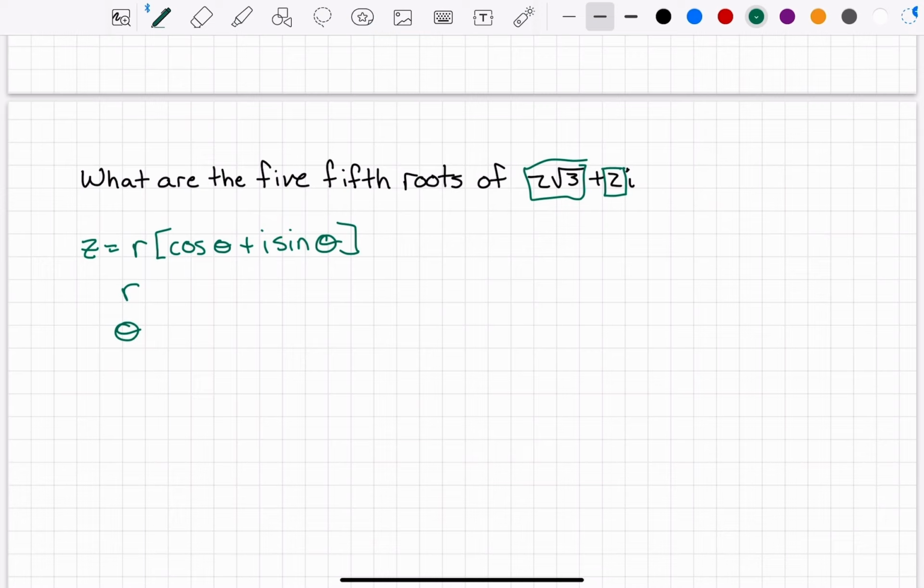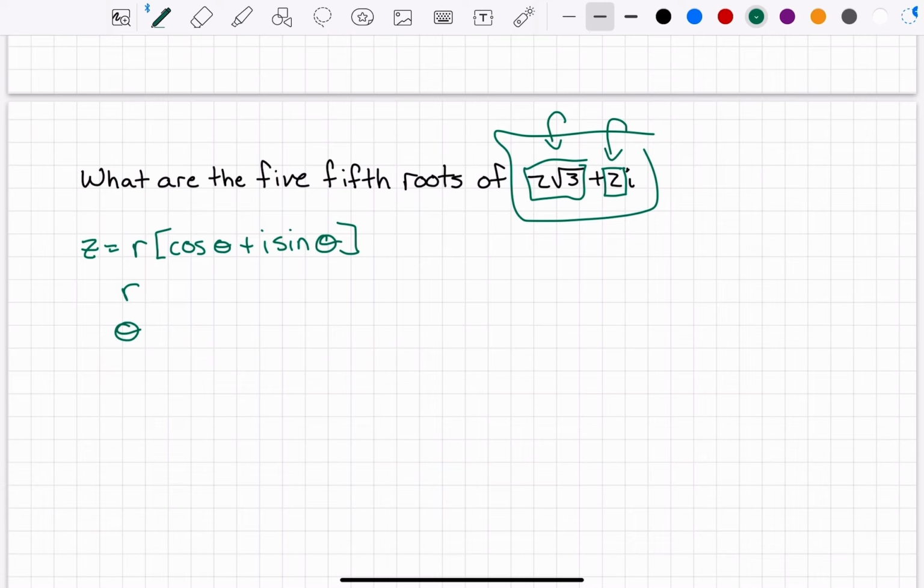How do we find r really quickly? If we look at a rectangular complex number like a vector with 2 components, the real component and the imaginary component, then what we're looking for is the magnitude of that vector, with the real component being the one that doesn't have the i as a factor, and the imaginary component being the one that does.